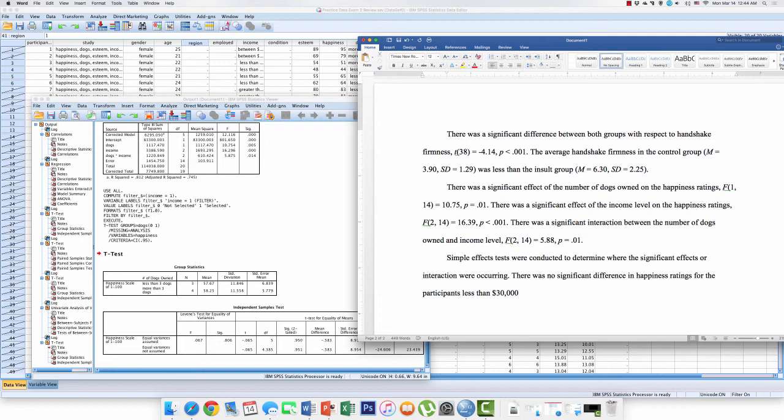So for the participants less than 30,000, at this income level, we're gonna include the t-values for this. t(5) equals -0.07, p equals 0.95.